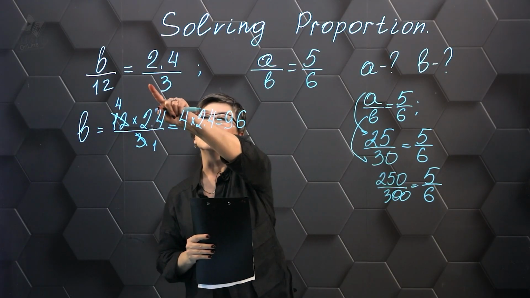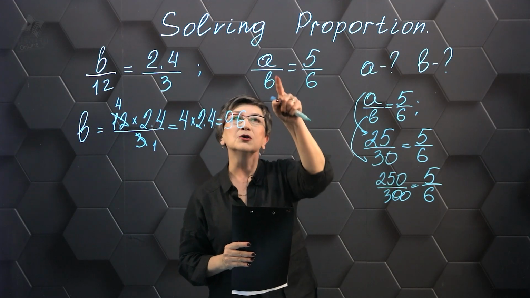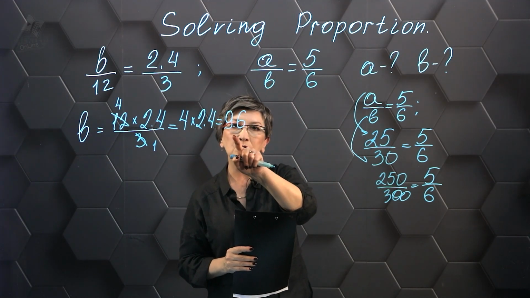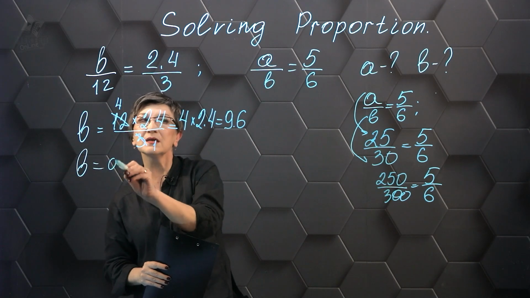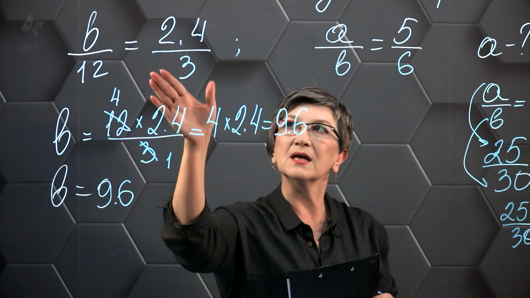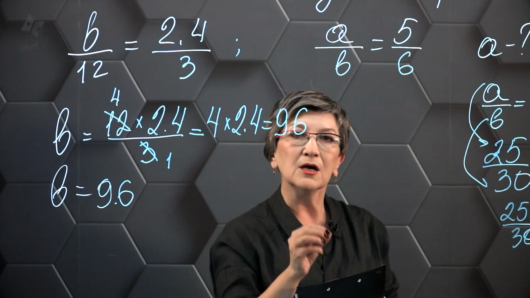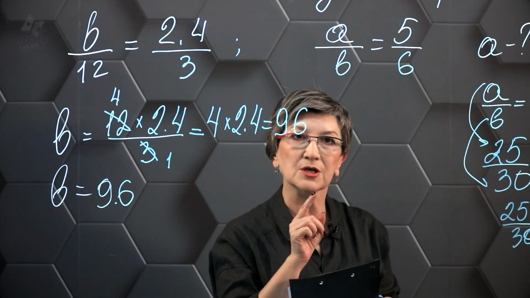So, if we have two proportions in the problem, then B has only one single value. B equals 9 whole 6/10. If we have two conditions in one assignment, then B will have only one value.